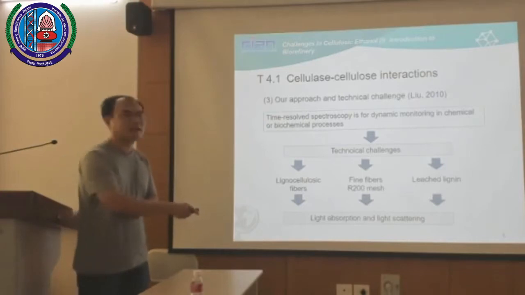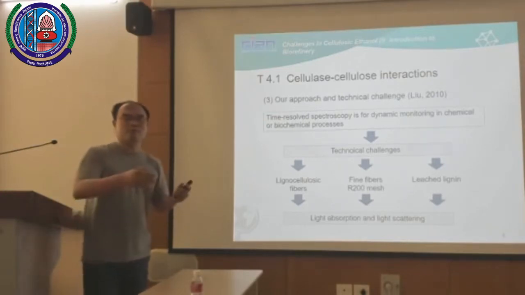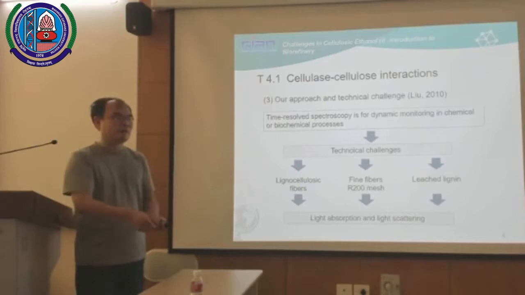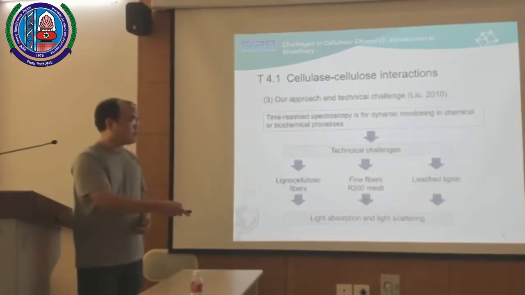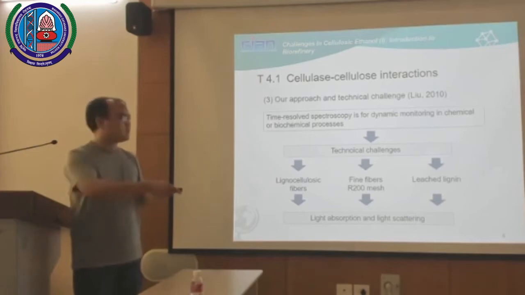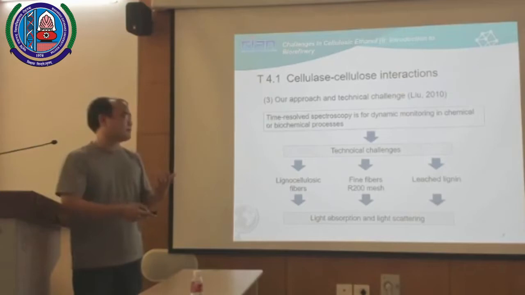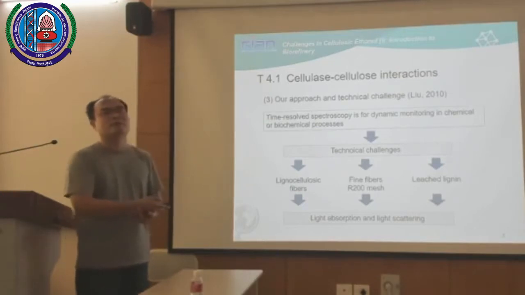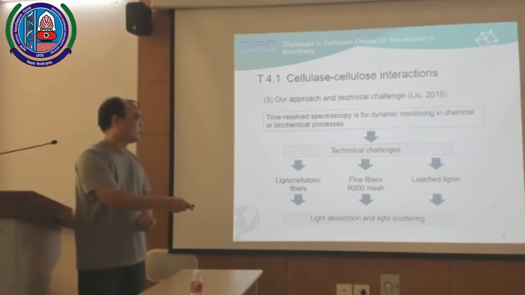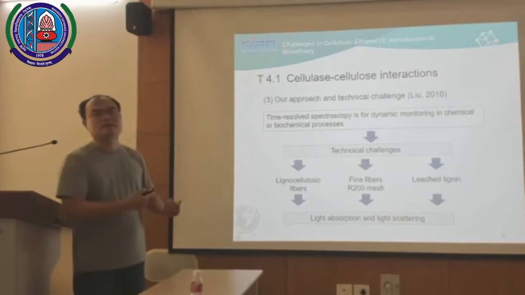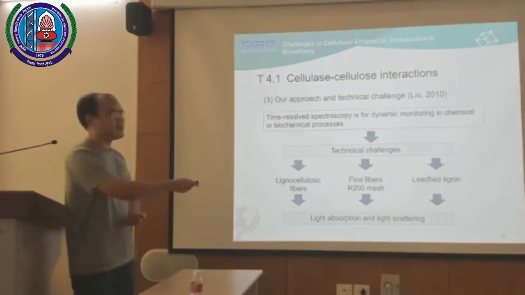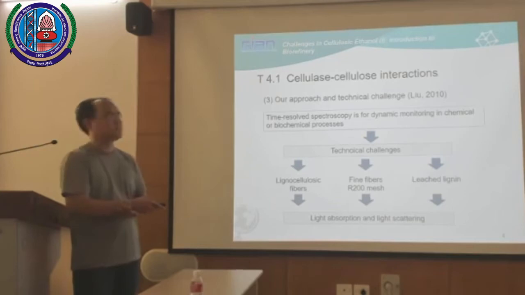And the lignin. If you put biomass with lignin in the water, it always leaches the lignin into the water. The lignin can migrate from the solid to liquid. Although the amount is very small, it causes interference with light detection. So we have three technical challenges.